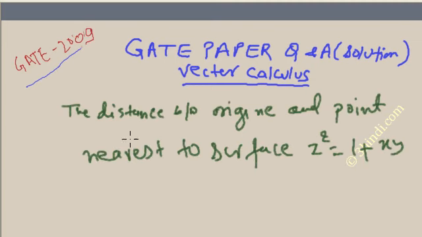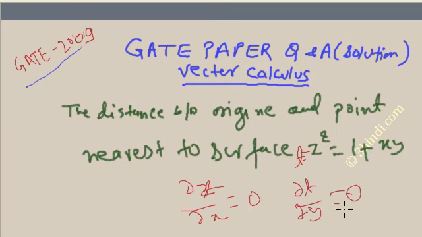This is another question. The distance between the origin and the point nearest to the surface z square equals 1 plus xy, what is the value? To get the nearest point, suppose z square is equal to t, so del t by del x should be equal to 0, and del t by del y should be equal to 0.